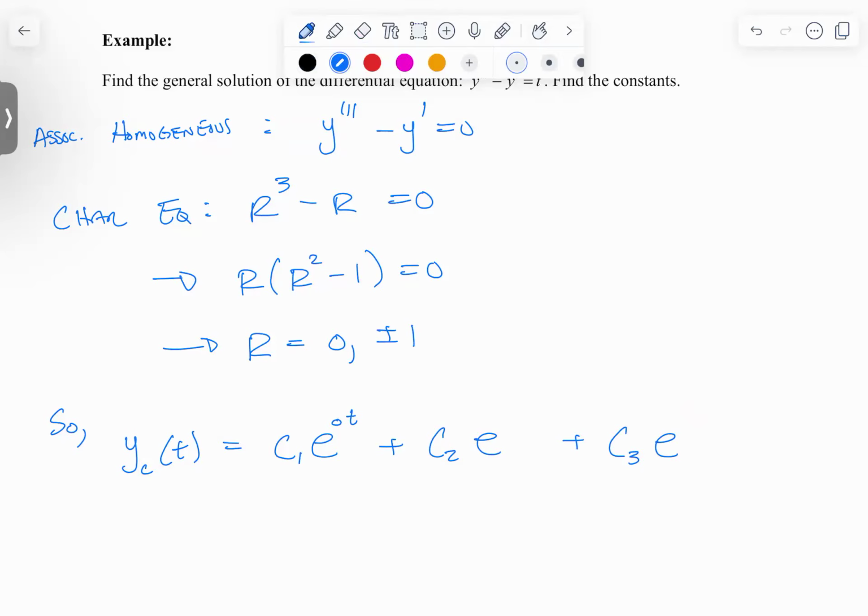Technically, that's correct, but since I already solved this, I think it goes that way. And then C1 e to the 0t just becomes C1.